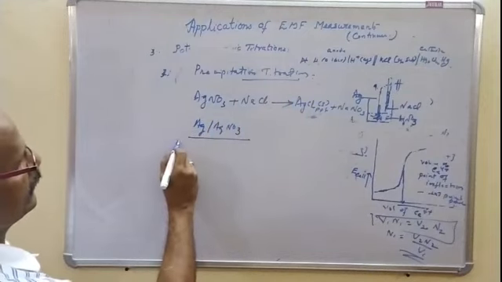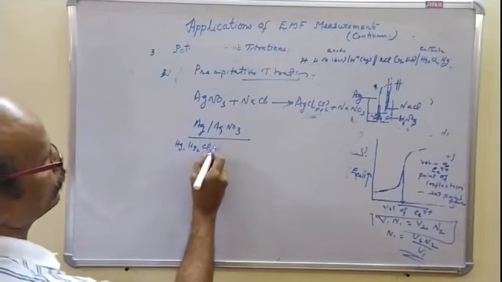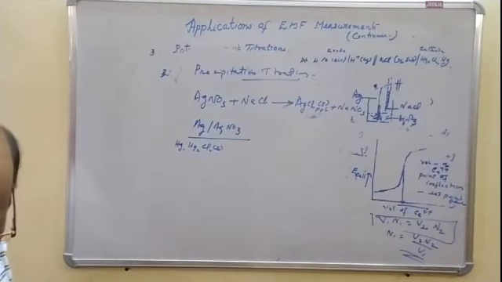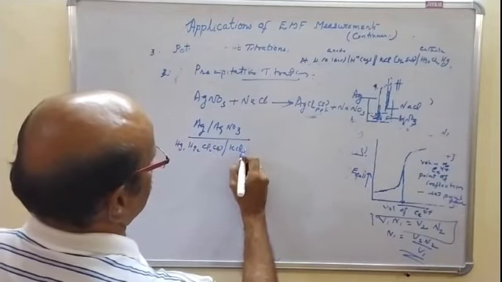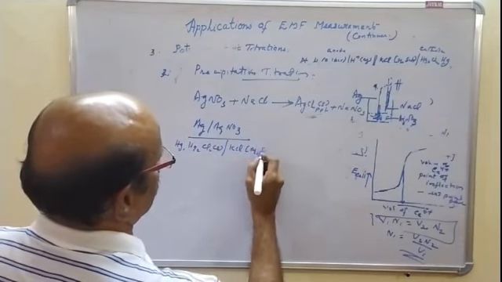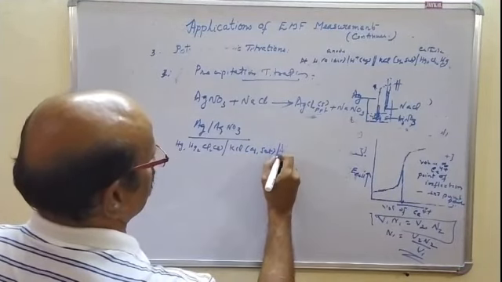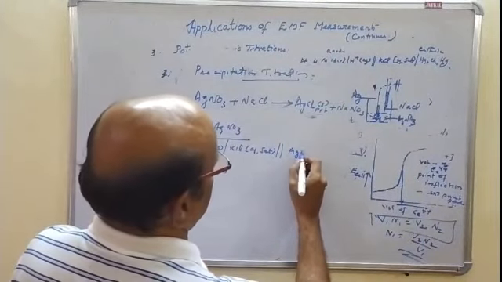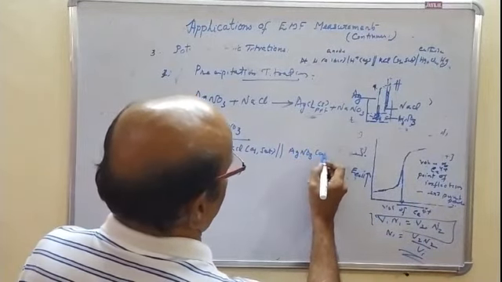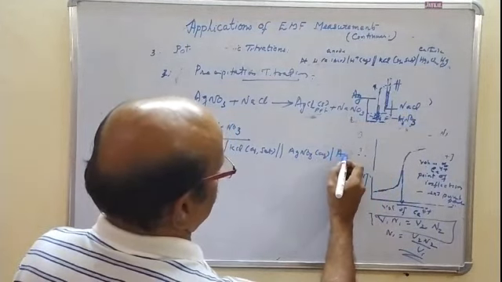The cell assembly has Hg2Cl2 solid, then saturated KCl, connected to the AgNO3 aqueous solution with the Ag electrode.